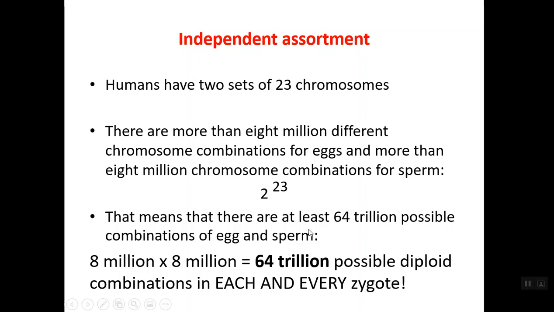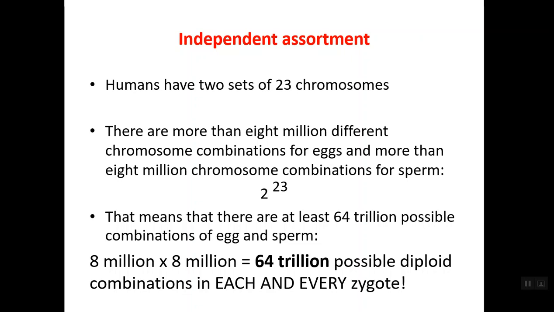And this will give you more than 64 trillion combinations. In other words, if the same individuals reproduce over and over, a man and a woman who marry each other and have hundreds of kids, well, that's impossible because a woman can only produce so many kids during a lifespan.